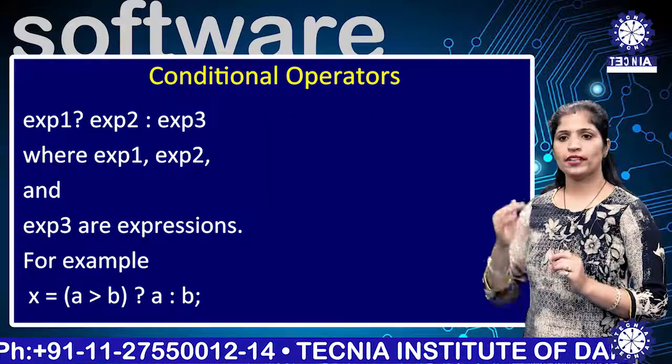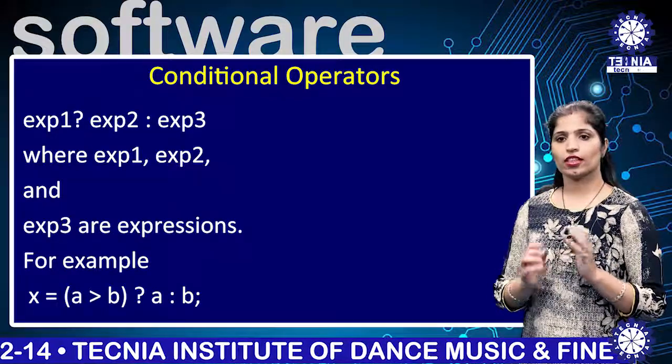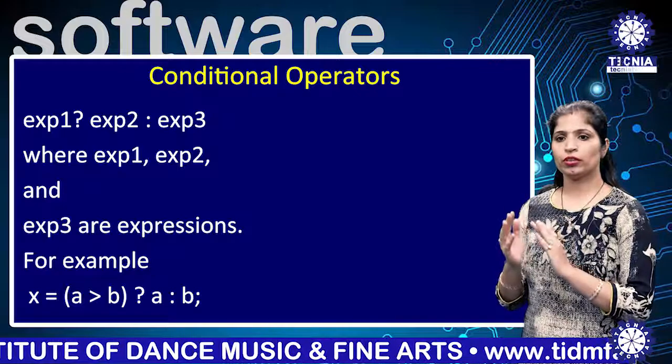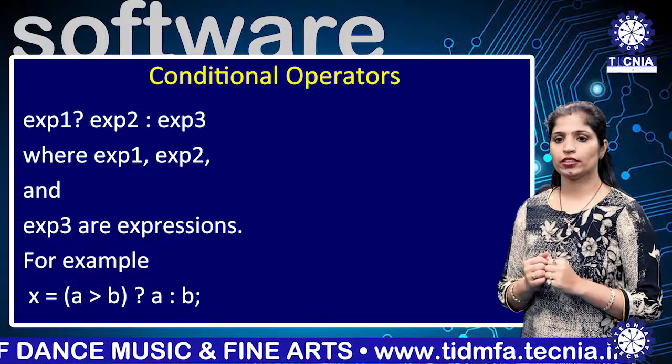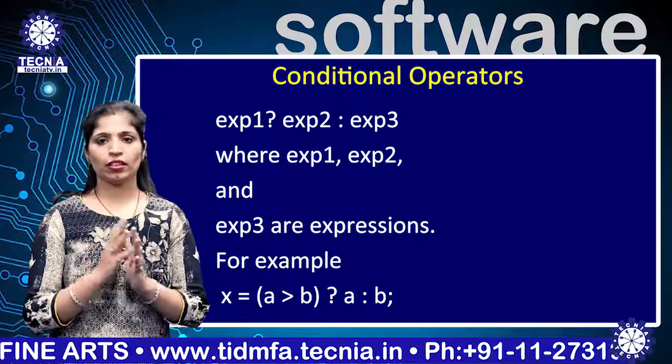The following points may be noted about the conditional operator. The first is that it is not necessary that the conditional operator be used only in arithmetic statements. Second, the conditional operator can be nested.